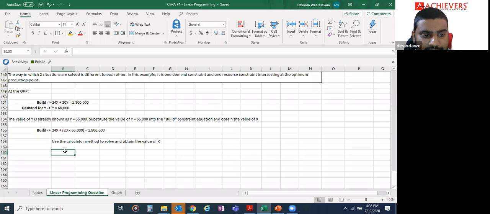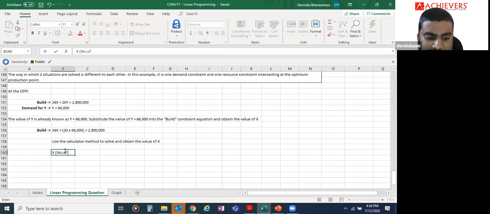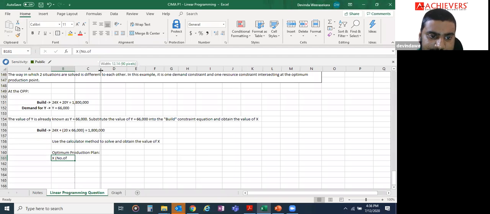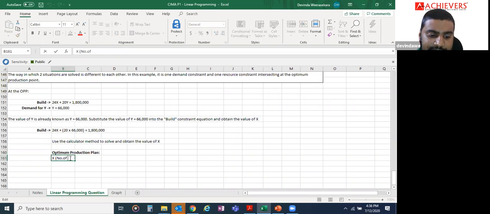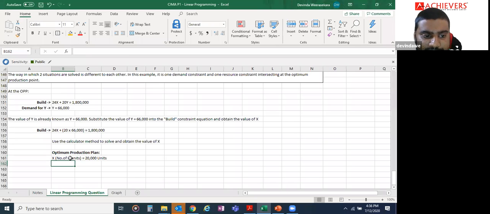Once you do that, the optimum production plan is: number of x units, 20,000 units, y units, 66,000 units.